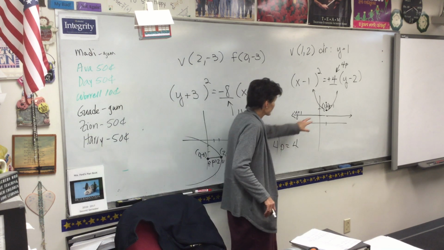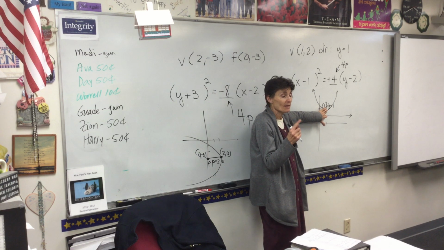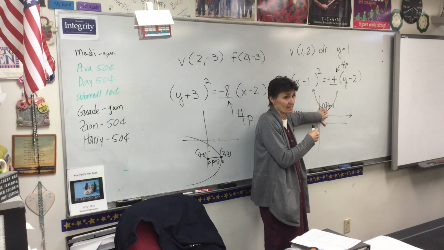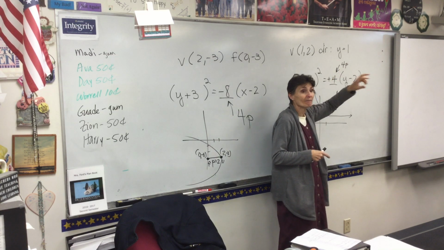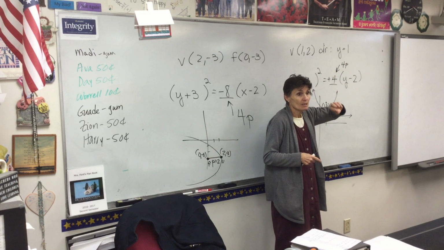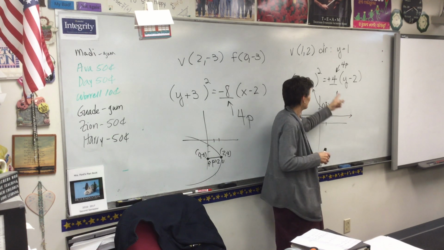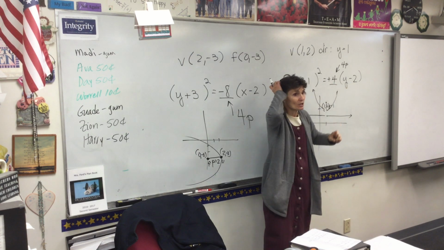Okay, so this distance right here is 1. That's p. So p is 1. My equation requires me to have 4p. So if p is 1, then 4 times p would be 4. And that's the number that goes in the equation.